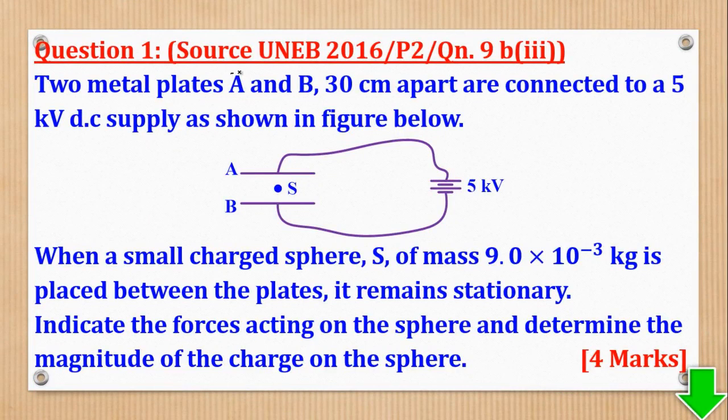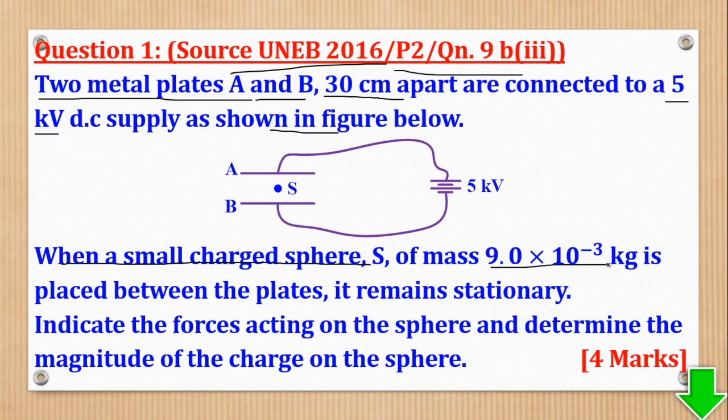So question 1 came from UNEB 2016, paper 2, question 9b, Roman 3, and says, two metal plates A and B, 30 centimeters apart, are connected to a 5 kilovolt supply, note that word kilovolt, as shown below. When a small charged sphere S of mass 9 times 10 to the negative 3 kilograms is placed between the plates, it remains stationary.